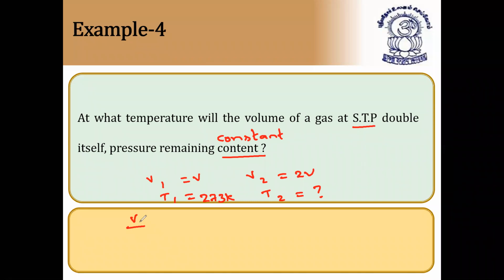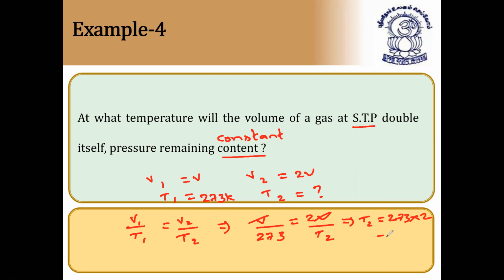So V by 273 is equal to 2V by T2. V gets cancelled. So T2 is equal to 273 into 2, which is equal to 546 kelvins.